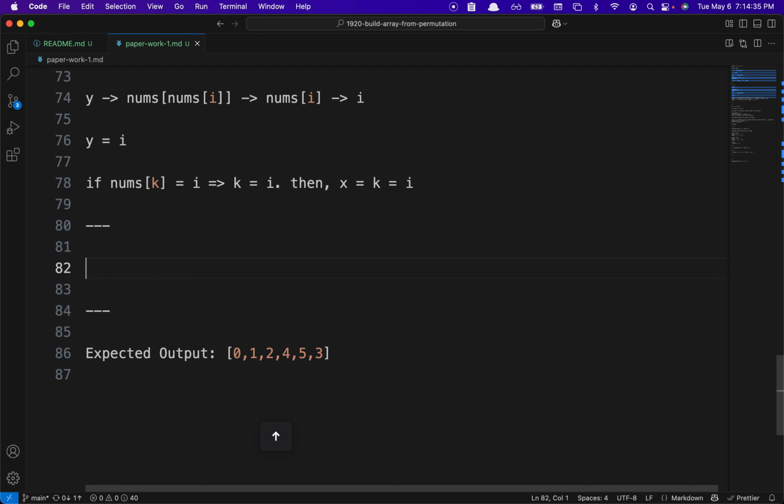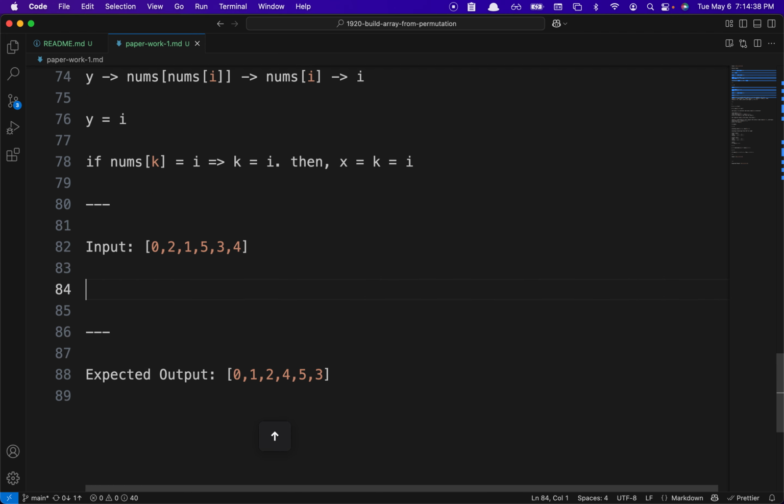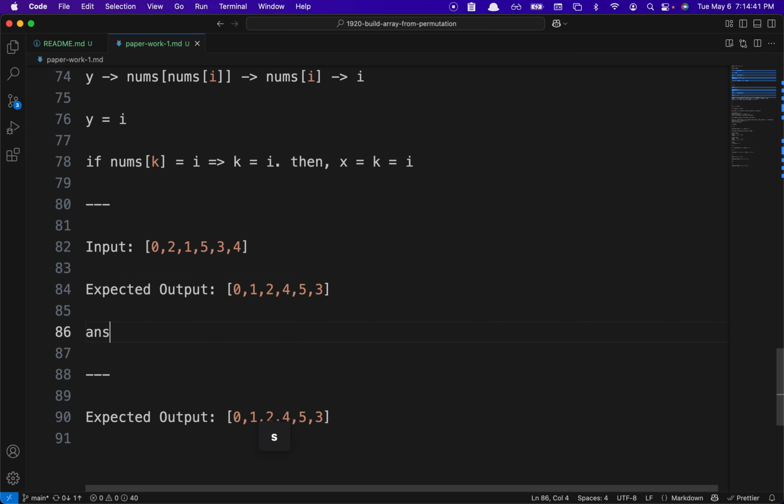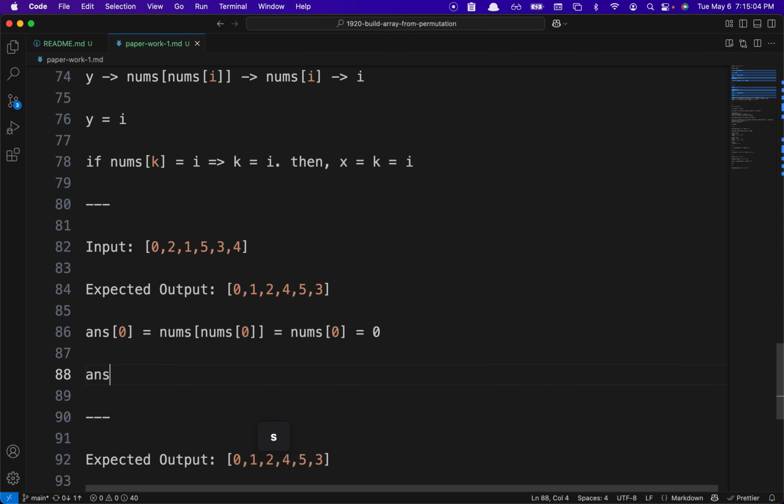Now we say answer of 0 is equal to nums of 0. Nums of 0 is 0. Okay? Answer 1 is nums of 1. What is nums of 1? It's 2. Nums of 2 is 1.